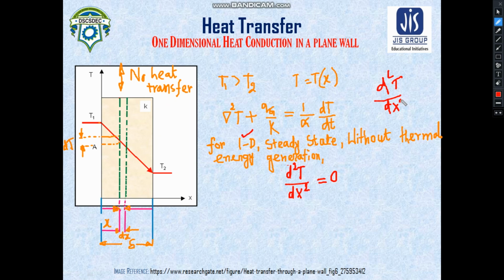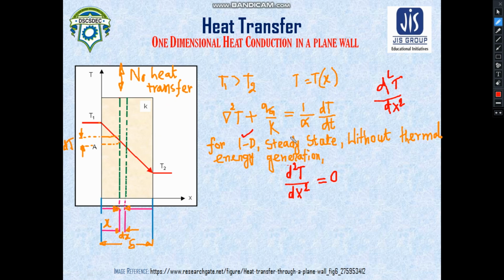So the second order change of temperature, or the change of temperature gradient with respect to the y coordinates and the z coordinates, will be zero, since the heat which is transferring is in only a single direction, and that is the direction x.